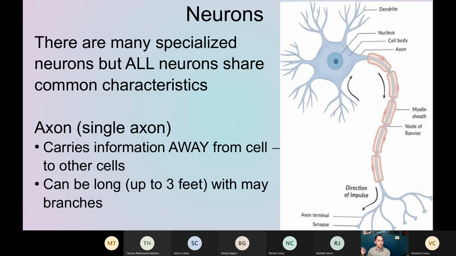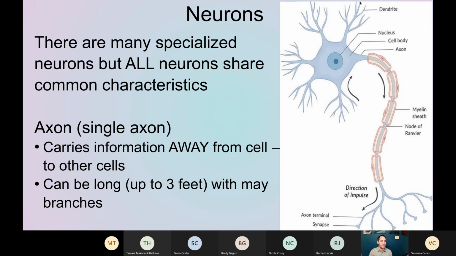So as these neurons are living, as these cells are living, it might develop, if you're using it, more of those axon branches to talk to more cells. Also, these dendrites are the message receivers. So you could think of it as an input for the one single computer of this neuron.